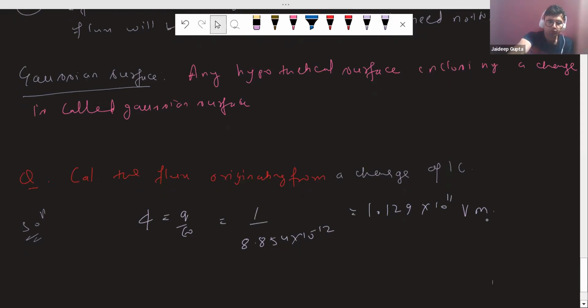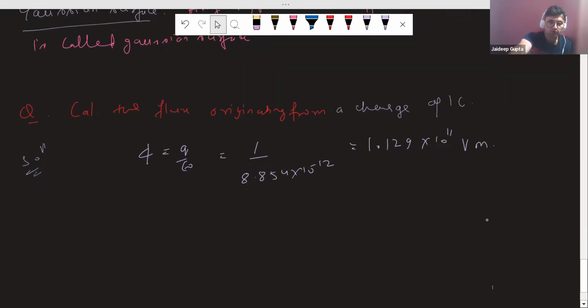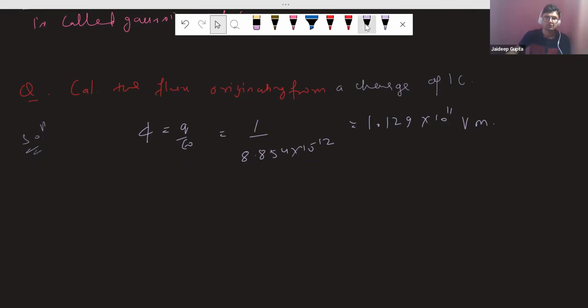This portion is most important in electric field and lines. Gauss theorem. Next is applications.